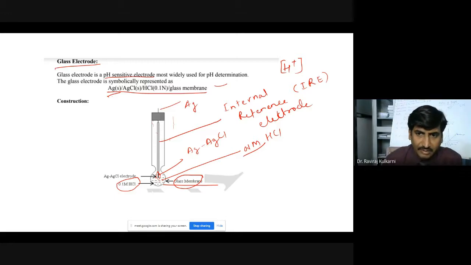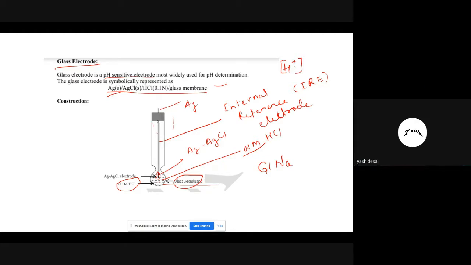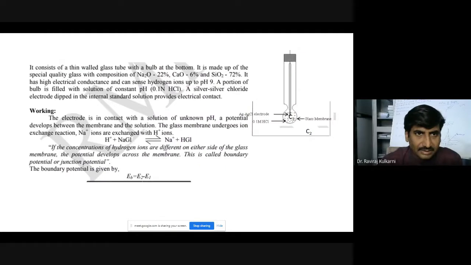When you say glass, glass contains what? They are some sodium silicates, right? Yes, sir. So silicates basically. This glass membrane is a thin walled glass tube with a bulb at the bottom, and it is made up of a special quality glass.